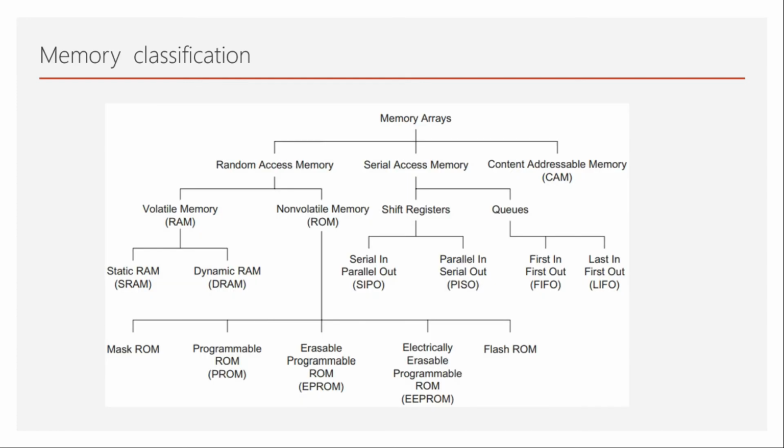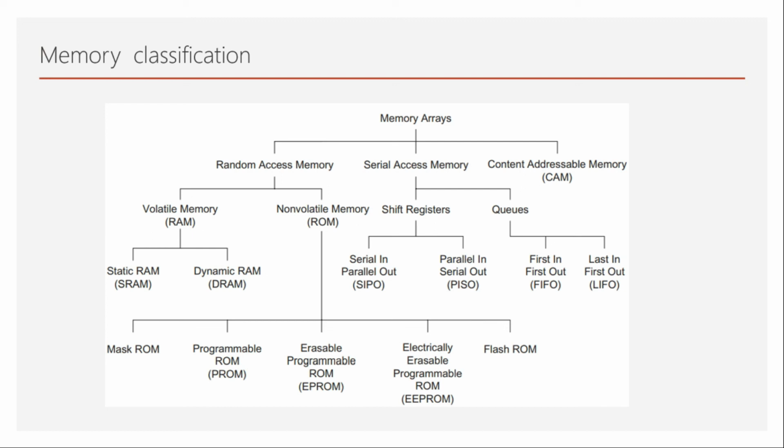So if you want to see how the memory tree looks like, this is how it looks like. You can branch the memory arrays into random access memory, serial access memory, or sequential access memory, or content addressable memory. And you can classify random access memories into two types, which some people call as RAM or ROM, as you can see. But the more general or more applicable name could be volatile memory and non-volatile memory.